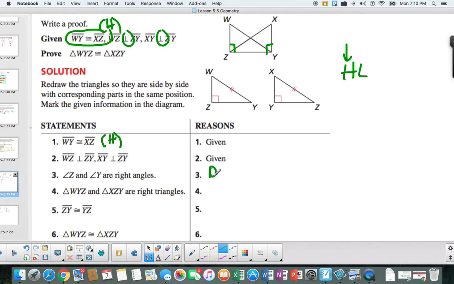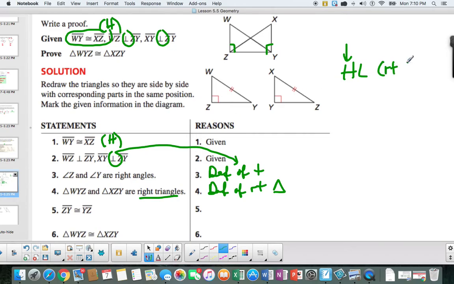So this comes from definition of perpendicular. This perpendicular gave me the idea that I had right angles. Now if you have a right angle, then you have right triangles. Definition of right triangle. So we know that we have right angles, and HL requires that you show right triangles.